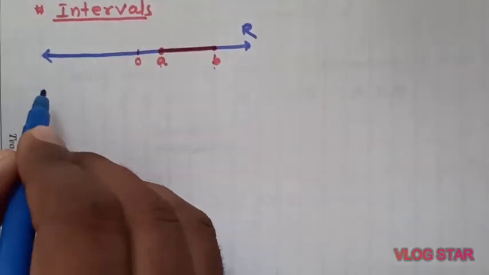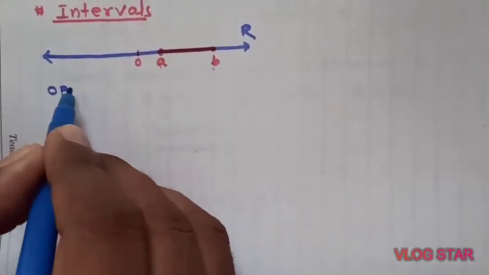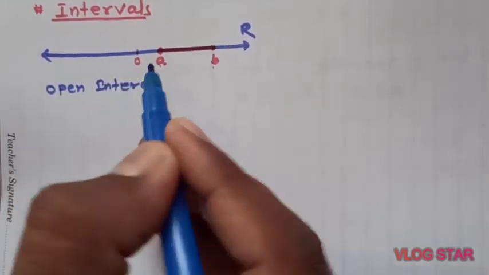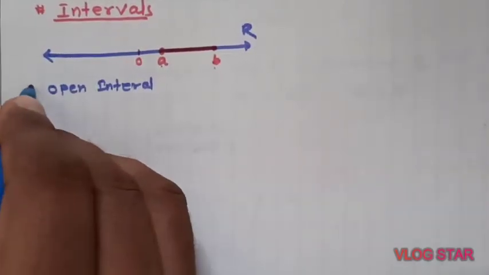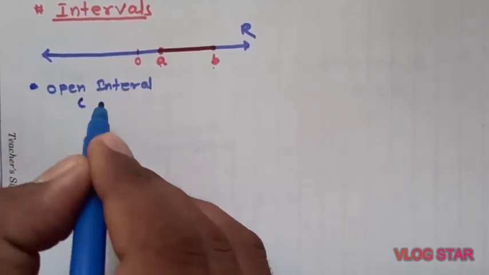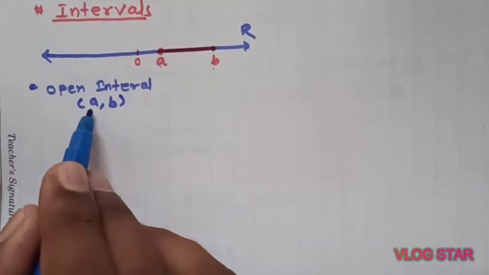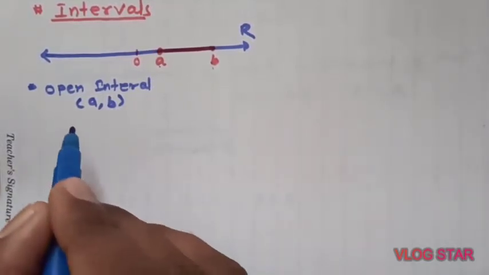First of all, the open interval. How to write an open interval? We write the symbol as (A, B), the open interval AB. What is it? We'll see.